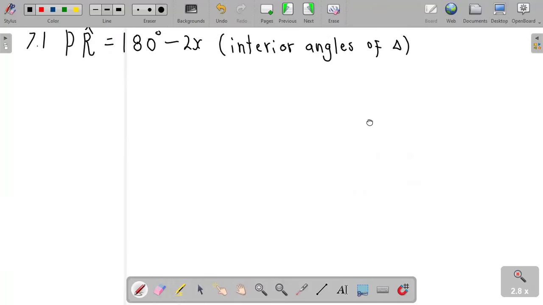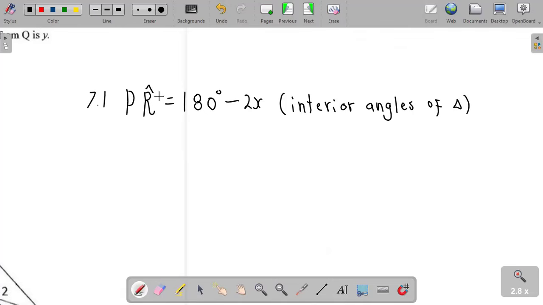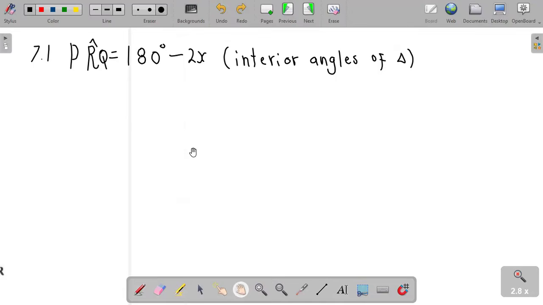So PRQ here, angle PRQ is 180 minus 2x. And then how does that help us? Okay, we use the area rule, isn't it?